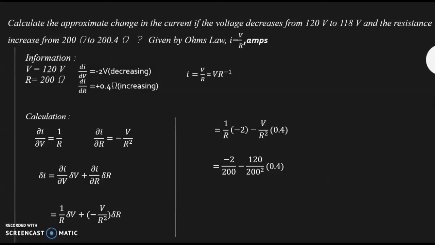Then we do the basic calculation and the approximate change in current, we get negative 0.0122 amps. So the approximate change of the current is a decrease of negative 0.0122 amps. That's all.